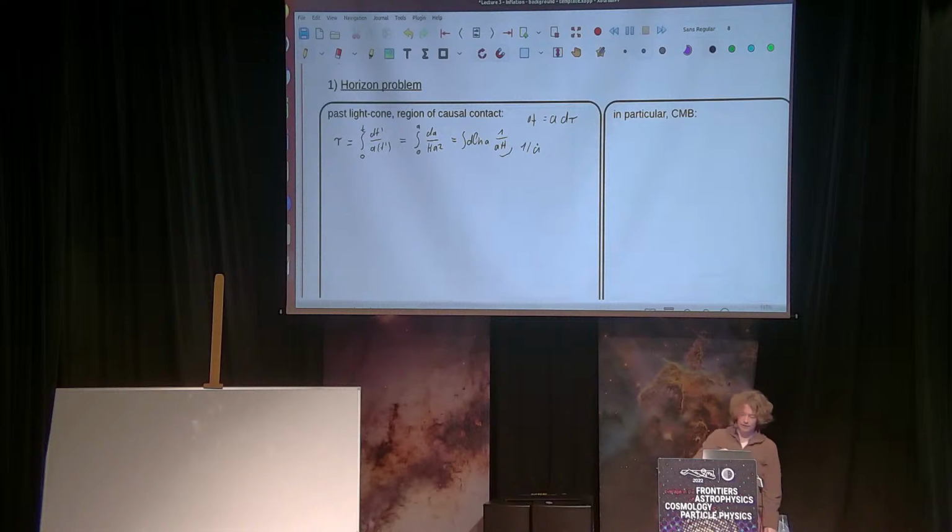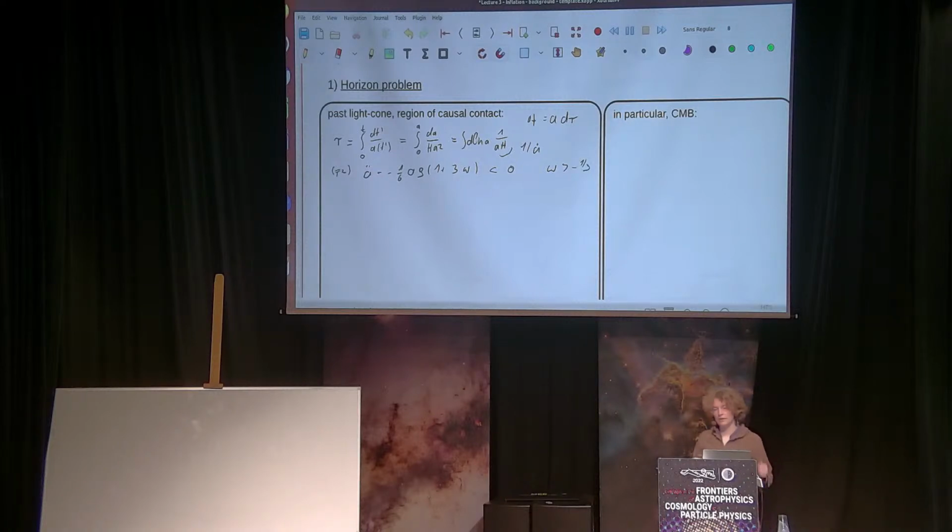If you recall the second Friedmann equation, so what we called F2, said that a double dot is minus 1 over 6 a rho times 1 plus 3 omega, where omega was the equation of state. And that is in particular negative for all omega larger than minus 1/3.